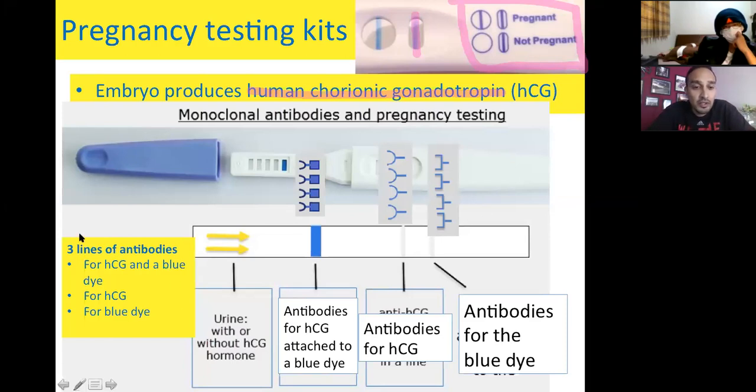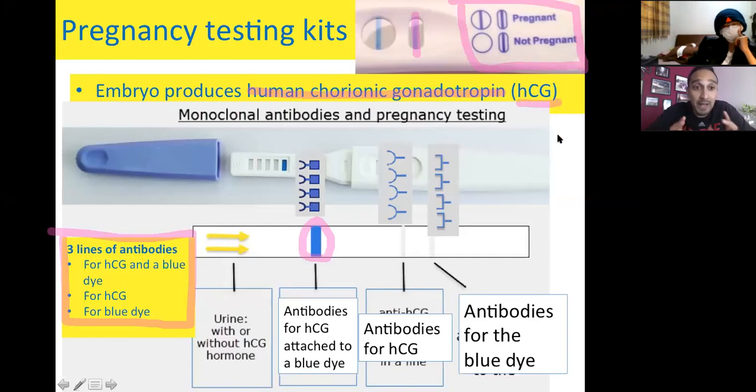Here, you've got three lines on the pregnancy test to start with, before there's urine. First, a line here that is a combination of antibodies for HCG, meaning an antibody that matches with this hormone.